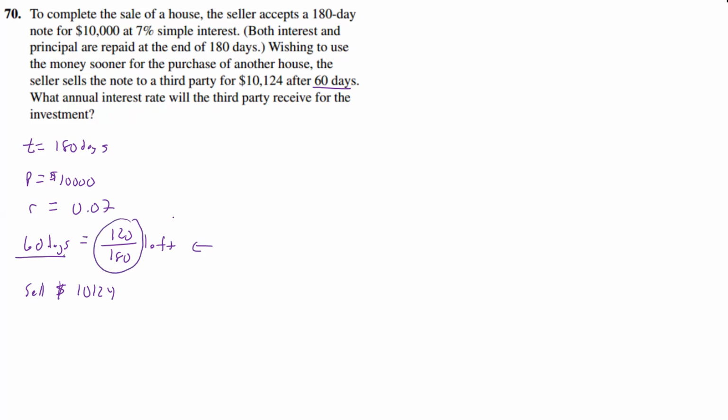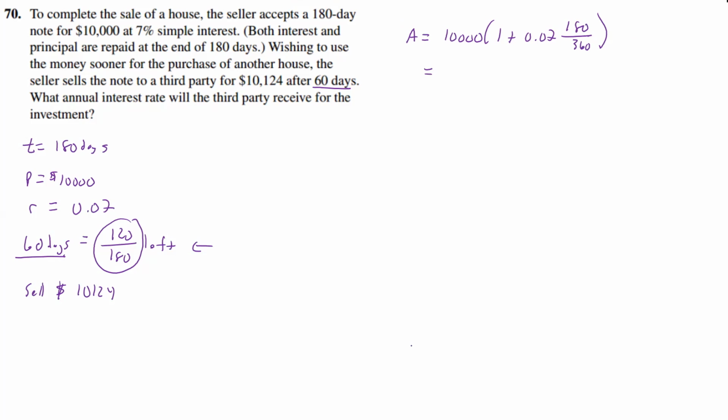All right, so let's think about this. If we had gone the full 180 days, A would be what? Well, A is going to be our 10,000 times 1 plus 0.07 times, and now we have to convert 180 days to years, so that's 180 over 360, because that's what we use in these problems, the banker's year.